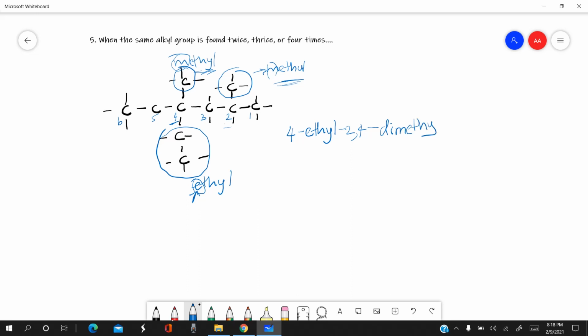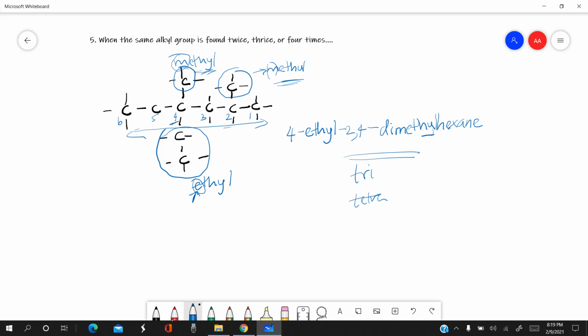So suppose if there are 3 methyl groups, it's tri, or if there are 4, it's tetra. It goes on. Dimethyl, 6 carbons are there in the main chain, so it's hex, and it's an alkane. It doesn't consist of double or triple bonds.